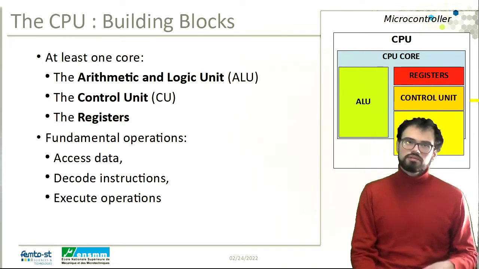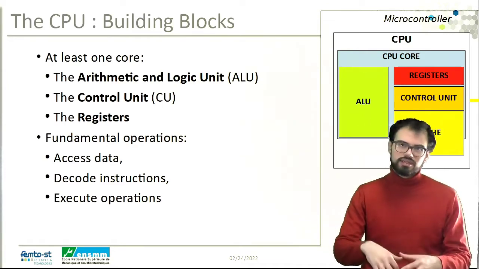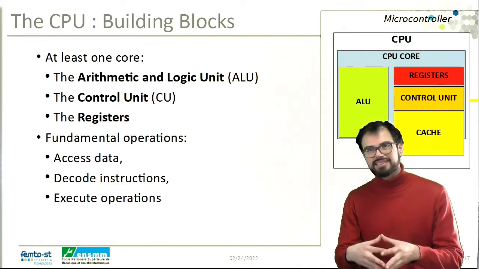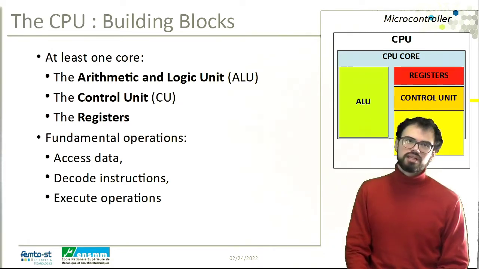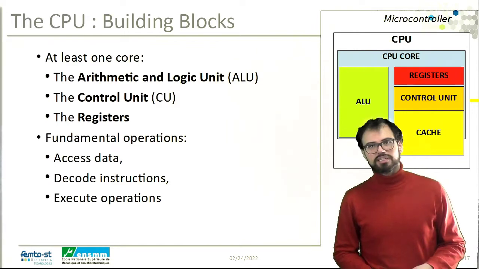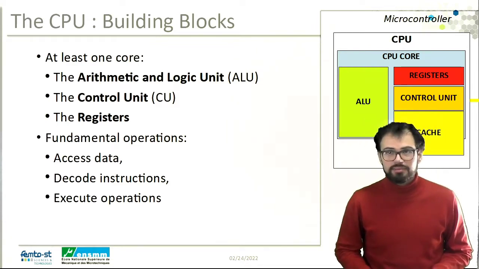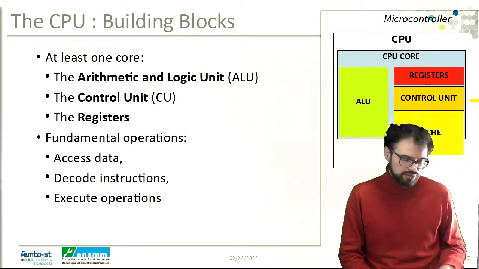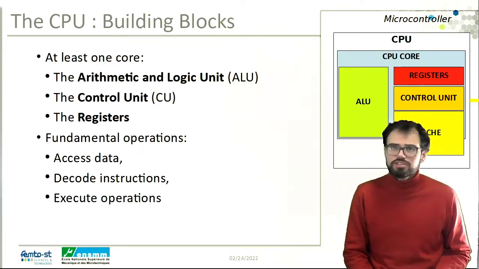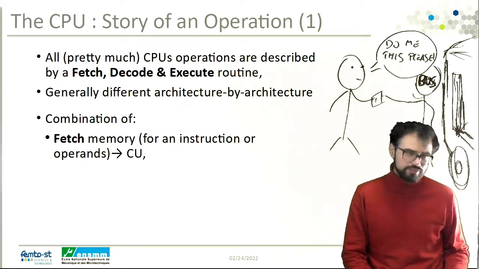The CPU will work by accessing data, reading or writing data. You will decode instructions, you will need to understand them, you will need to execute these instructions and make, of course, operations, whether logic or arithmetic.